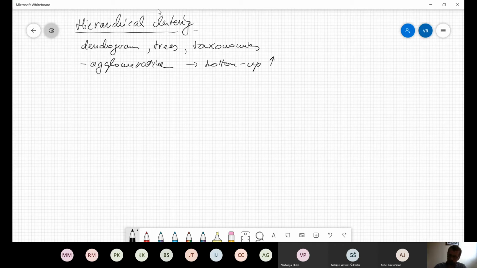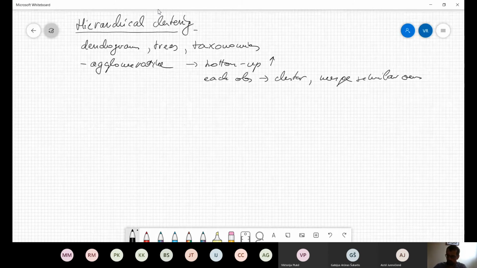At first each observation is a cluster, and then we merge similar ones, and so on, and we continue until one cluster. Okay, this is agglomerative. So basically we combine small clusters into bigger ones.